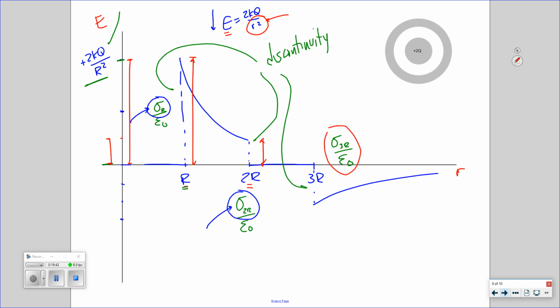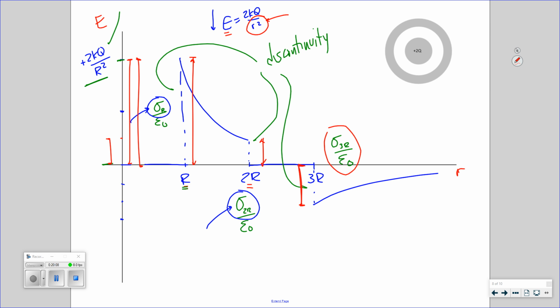And look, this is 2kq over r squared. This is 2/3, 2 over 3 kq over r squared. So that still works. These discontinuities only have to do with the charge density of the surface. In particular, the discontinuity is equivalent to charge density divided by epsilon naught. Not bad, right?